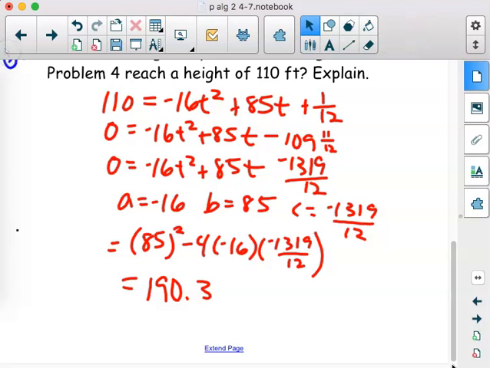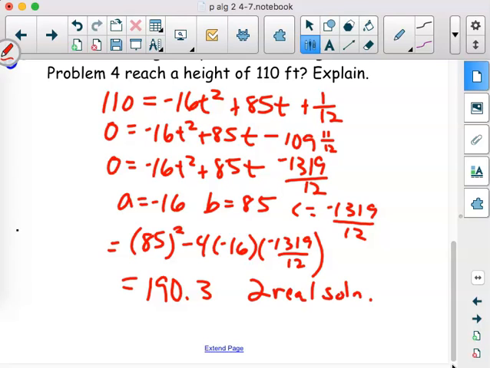Okay. So now let's talk first about how many solutions and what type, if it's 190.3. Two real solutions. So is it going to reach 110 feet? Twice. Twice, in fact. So this is a yes.